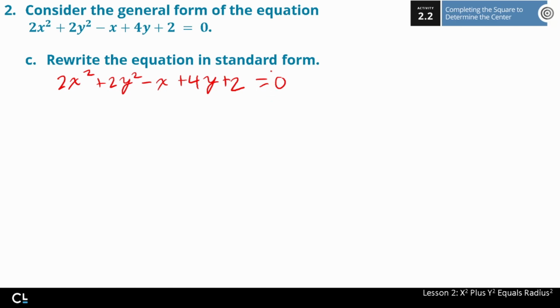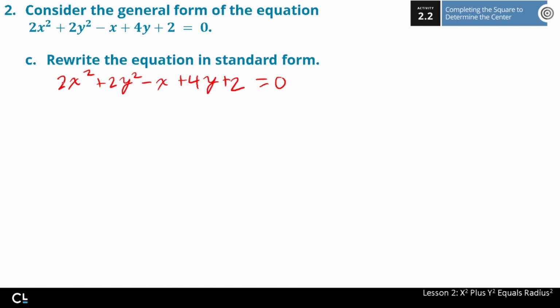The very first thing we want to do here, since we have a 2 in front of my x squared and my y squared, is factor that out, right? So what we're going to do is divide everything by 2. And we could kind of get rid of it, because if we divide everything on this side by 2, then divide my 0 by 2, it really just disappears over here.